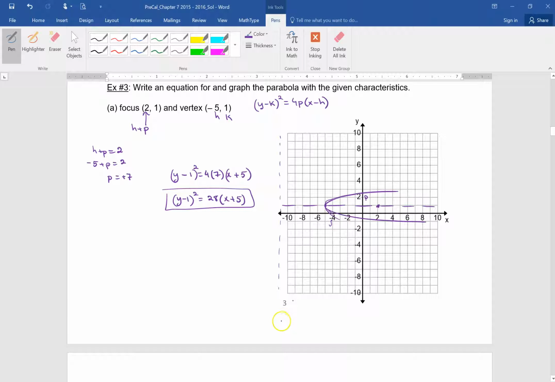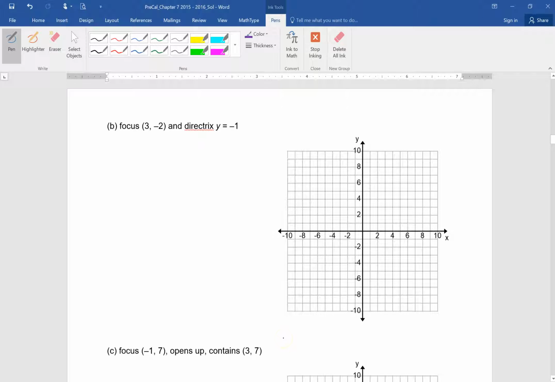All right, so let's do 2 more. I have the focus at (3, -2): 1, 2, 3, -2. That's the focus. And the directrix is at y = -1. Right there. Interesting. So where's the vertex? If that's the directrix and that's the focus, the vertex is exactly in between, in the middle.